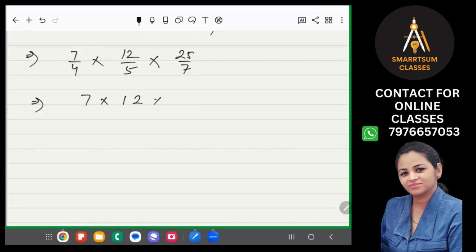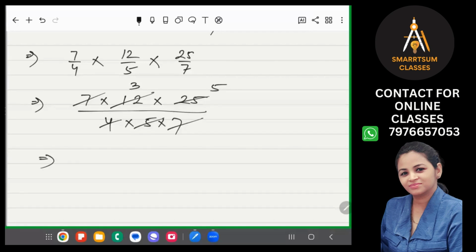Now 7 into 12 into 25 upon 4 into 5 into 7. Now we will see if we can cut any pair of numerator and denominator, if there is any common factor. Yes, we can divide 4 and 12, this is 3 times. 7 can be cut, and 5 times is 25.